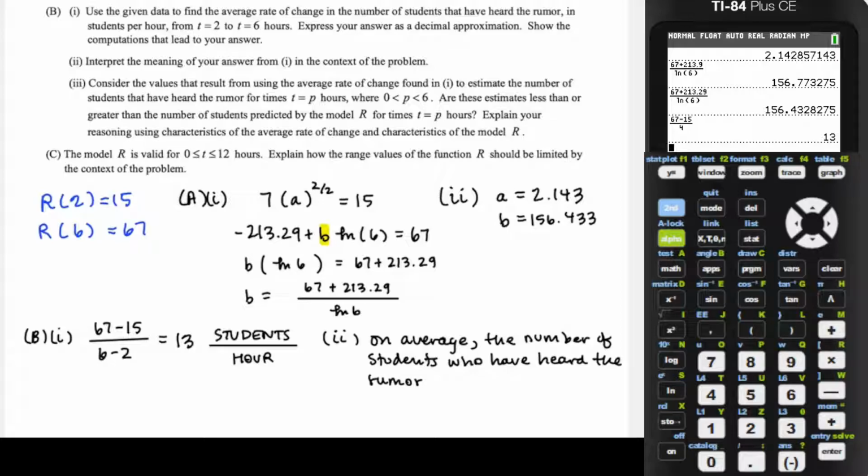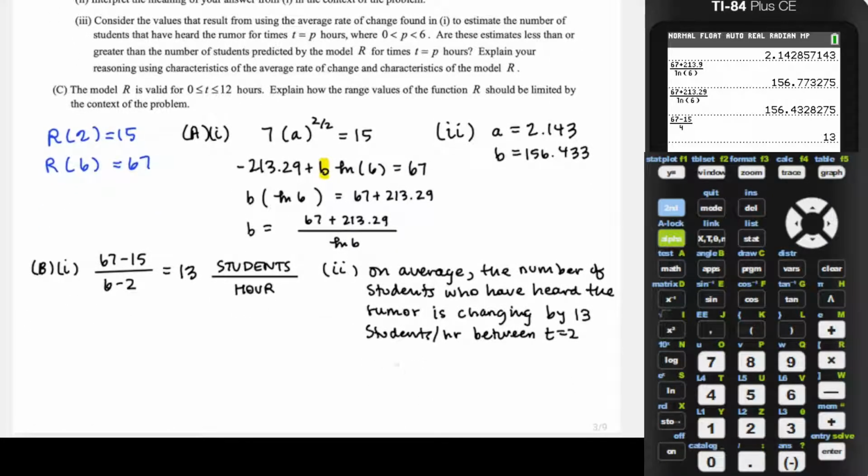The number of students who have heard the rumor is changing by positive 13 students per hour between t equals 2 and t equals 6 hours.